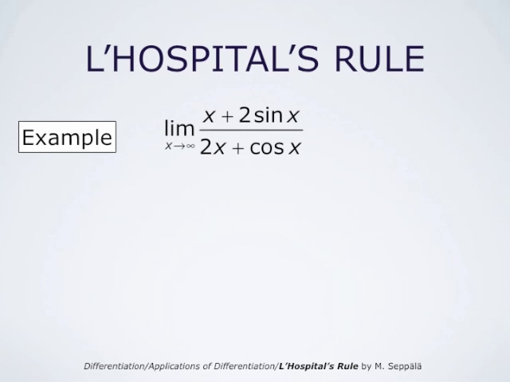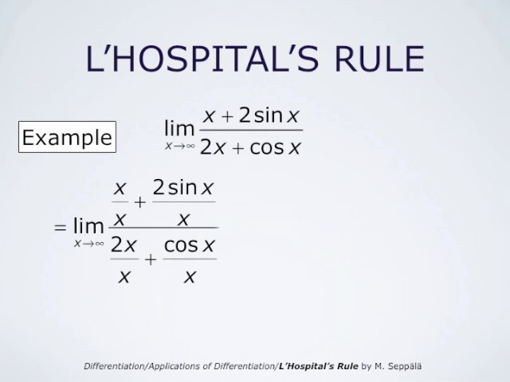This limit can easily be computed by rewriting. Dividing both the numerator and the denominator by x, we observe that this is the same as the limit as x approaches infinity of x divided by x plus 2 times sine of x divided by x, and that sum divided by 2 times x divided by x plus cosine of x divided by x. Here we have just divided every term by x.